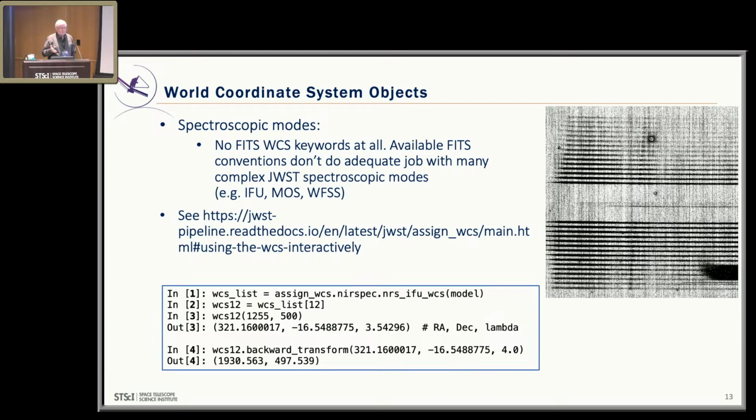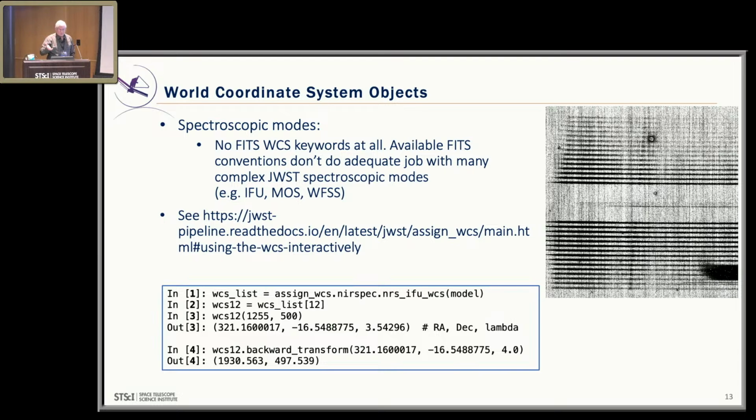So in order to not store bad information, we just don't store any FITS WCS information at all in spectroscopic data, and instead just rely entirely on the GWCS object that's stored within the files and the data models. I just show a quick example here for an IFU image like the one you see on the right. There's an individual world coordinate system defined for each of those 30 slices of the IFU data that you see in the image.